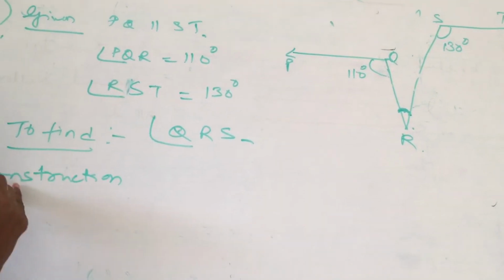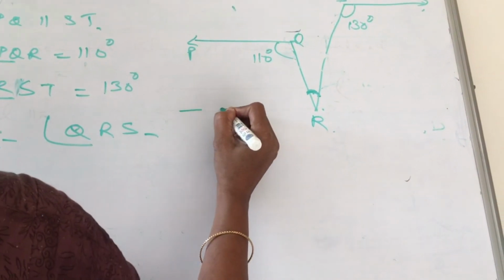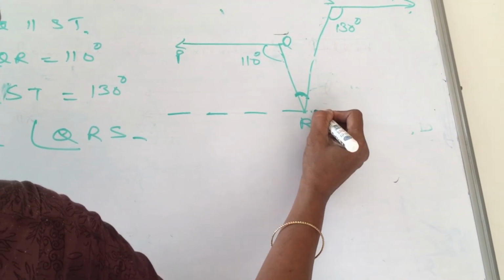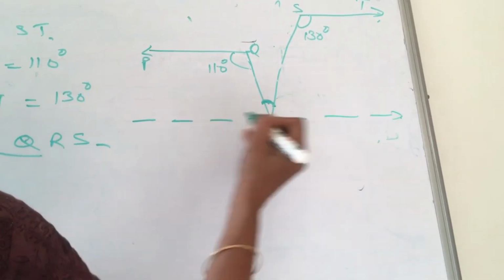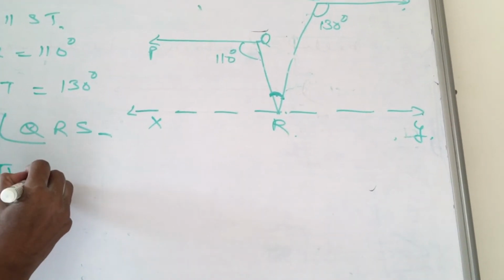Yes, they have given a hint, children. Construction: draw a line parallel to ST. I have drawn the line XY.